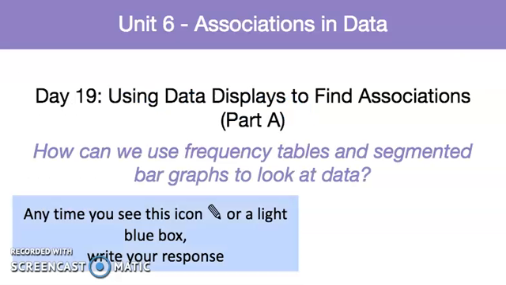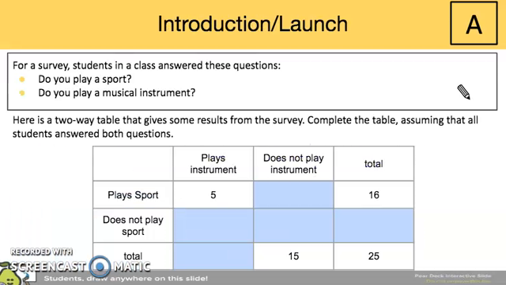In 8th grade, they're in Unit 6, Associations and Data. Day 19, using data displays to find associations, Part A. How can we use frequency tables and segmented bar graphs to look at data? Here is the launch in which students must fill out information from the aforementioned survey using the information provided.